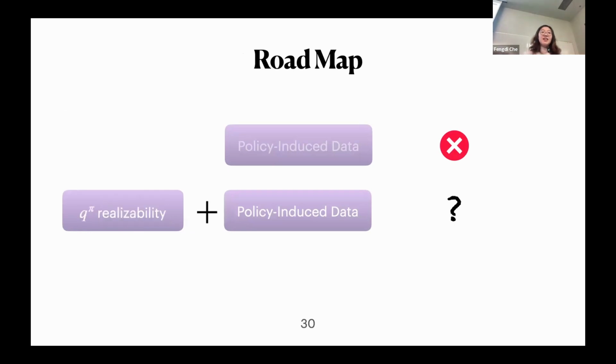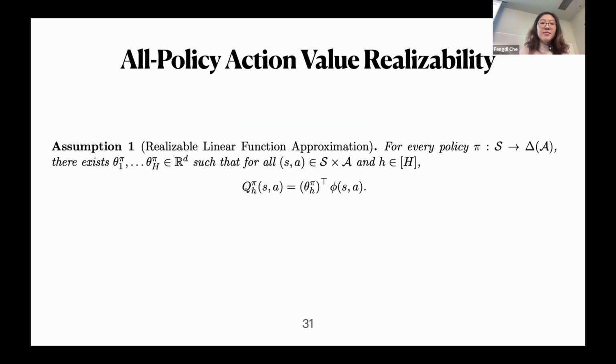So the first thing people say is, let's say Q pi, the action value for all policies, can actually be represented. Here it says for all policies pi, there exists a theta such that Q pi exactly equals theta transpose phi.